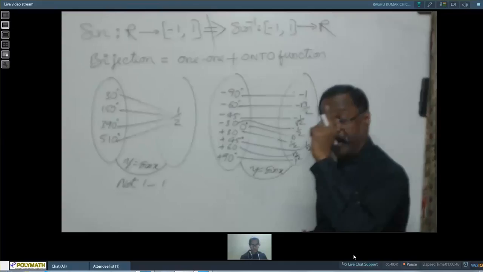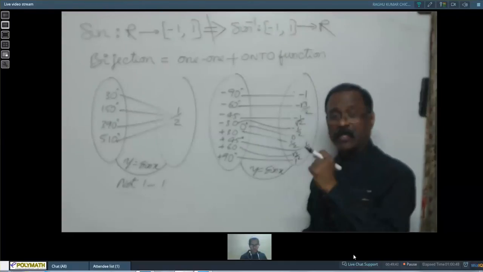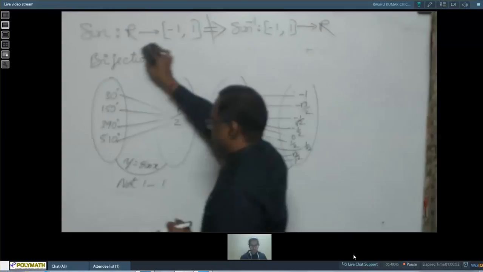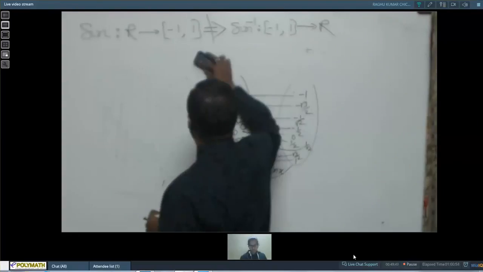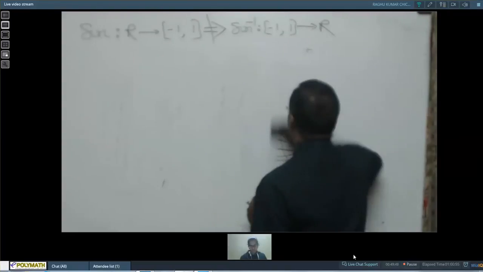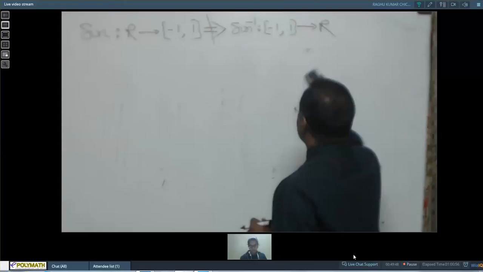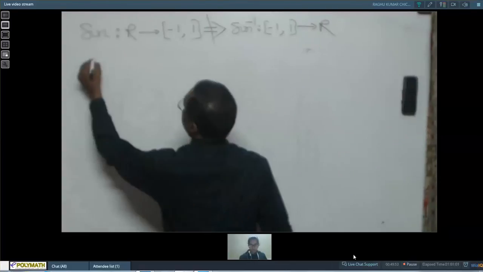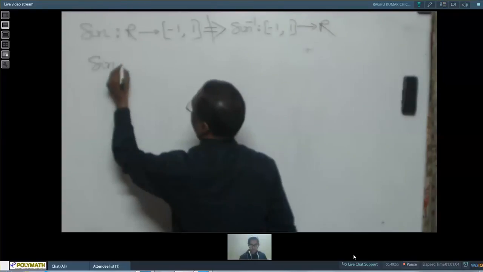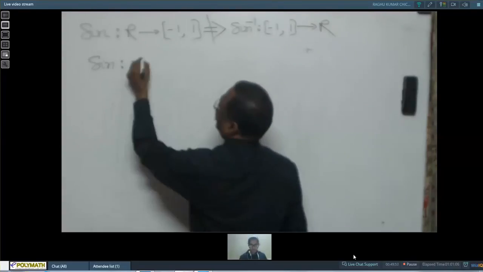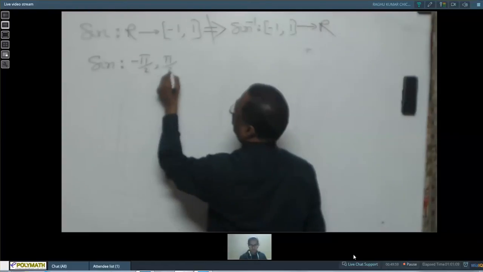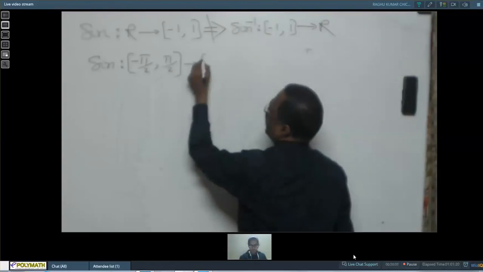Very basic point in inverse trigonometric functions is that the mathematician restricted the domain of the function, like what? Sine, he took it between minus pi by 2 to plus pi by 2, to minus 1 to 1.